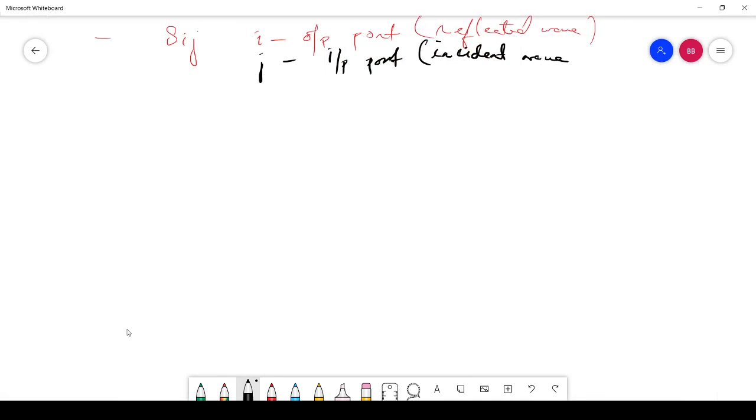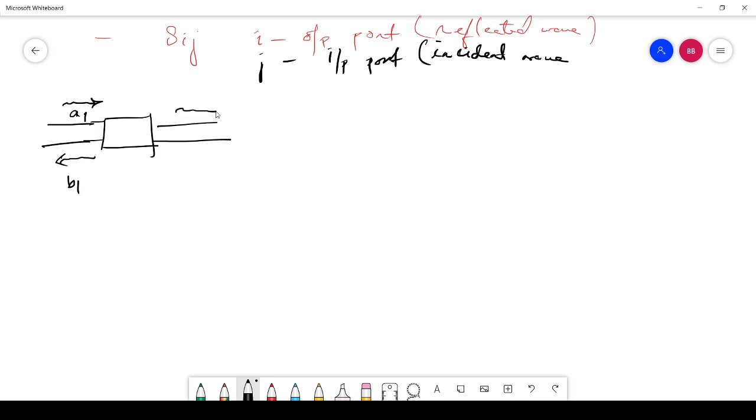If I draw a generalized two port network, this is my input port and this is my output port. This is A1, which is the incident wave. When I have A1 incident, I may have some reflection at this point, so let us take that as B1.